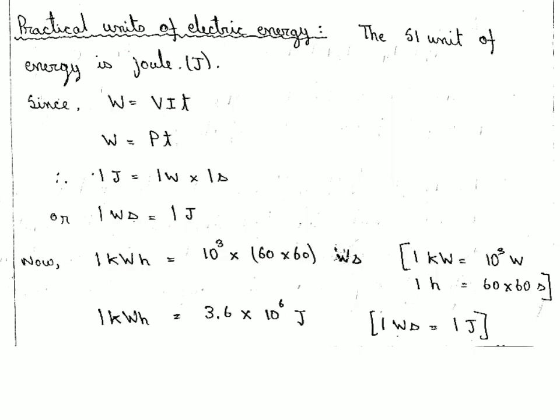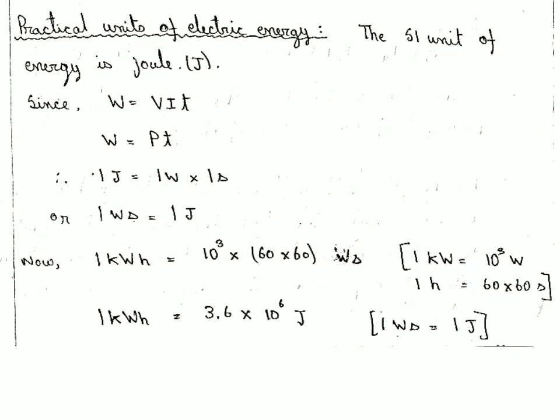So we know that the SI unit of energy is joule, and since work done is equal to VIT, the work is equal to PT. VI is the power. So here 1 joule will be equal to 1 watt, which is the unit of power, into 1 second, which is the unit of time. So 1 watt second is equal to 1 joule.